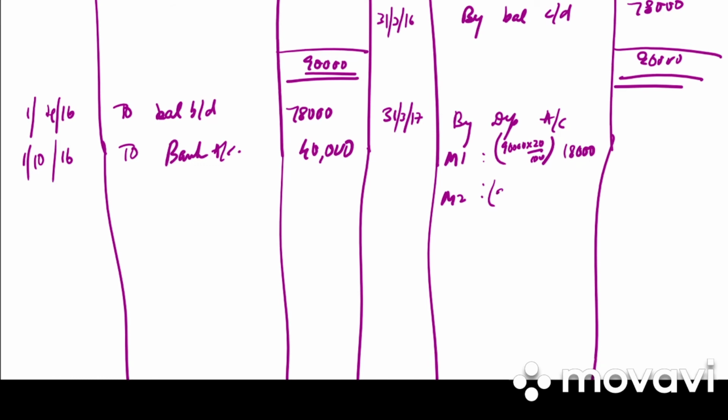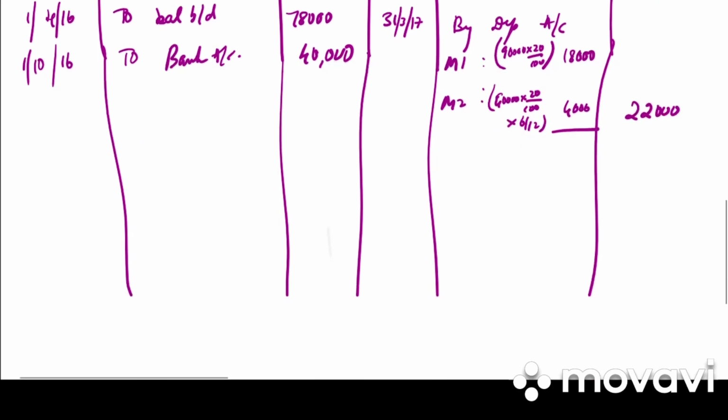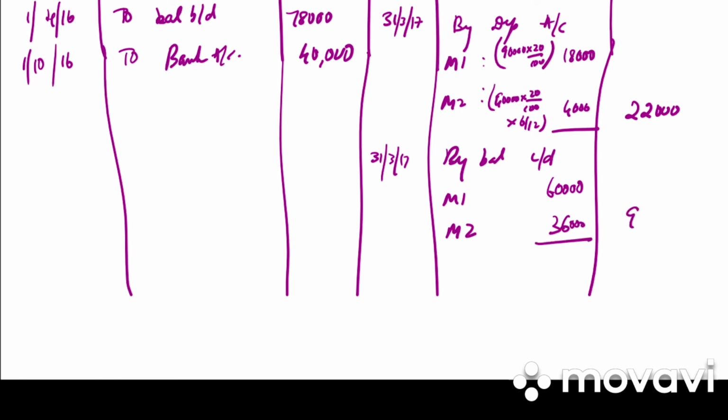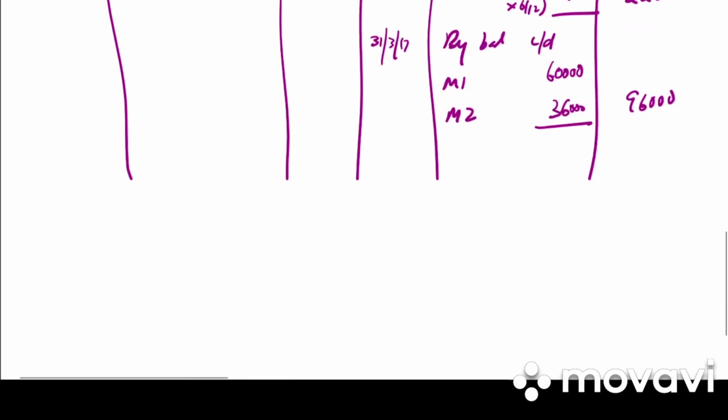And for machine 2 it is 40,000 into 20 by 100 into October, November, December, Jan, Feb, March, 6 by 12. We get 4,000. Total 22,000. Then we bring down the balance by balance carried down. Machine 1 is 78,000 minus 18,000, 60,000. Machine 2 is 40,000 minus 4,000, 36,000. Total is 96,000.